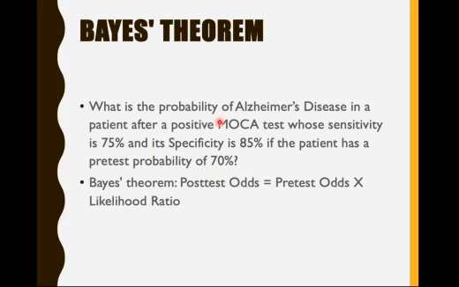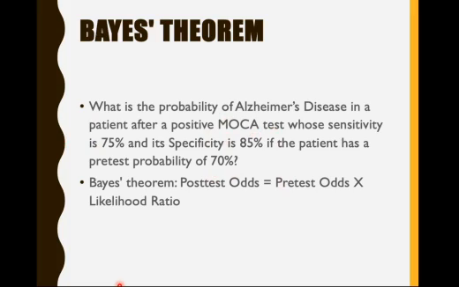Suppose, for example, you have a patient you think has Alzheimer's disease, but you are not very sure, and you give the probability of Alzheimer's to be 70%. Then you give a test, the MoCA, which has 75% sensitivity and 85% specificity.